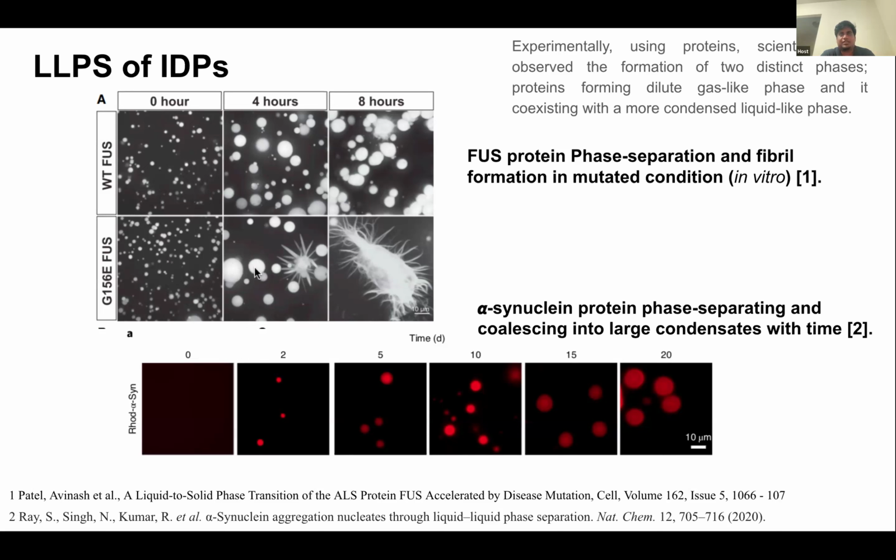Then these phase separated structures again form many phase separated structures, forming a fibril or an aggregate. This generally happens in mutated proteins which are responsible for diseases. FUS is an ALS protein, responsible in ALS disease, and alpha-synuclein is a protein responsible for Parkinson's disease. Here also you can see alpha-synuclein phase separates at a large concentration or even in a mutation condition.